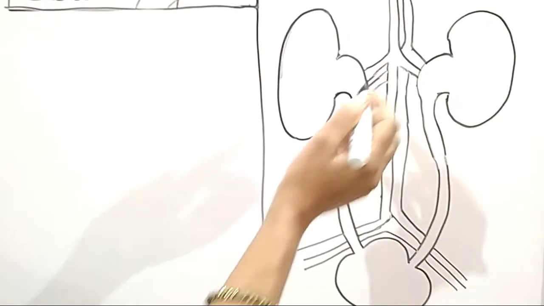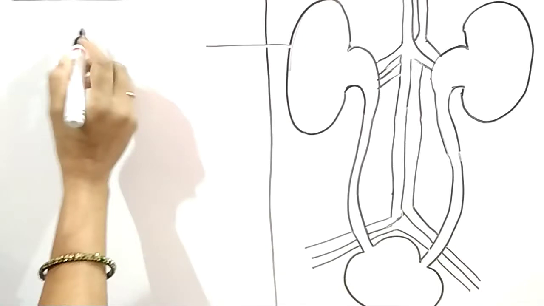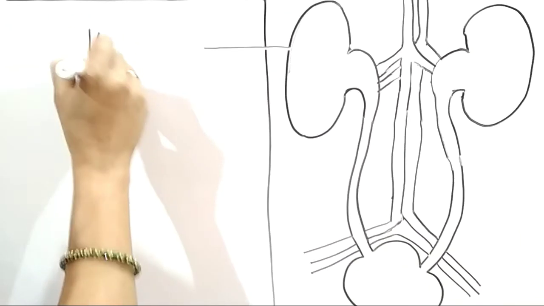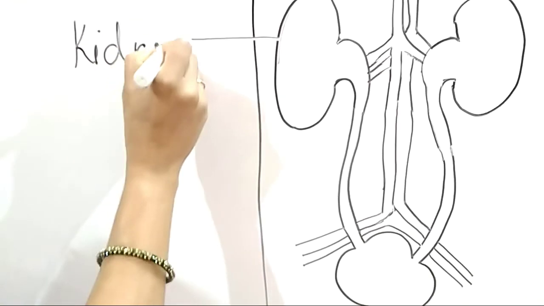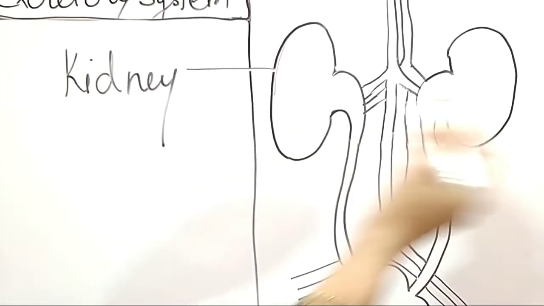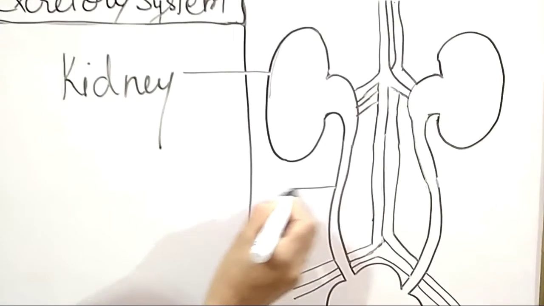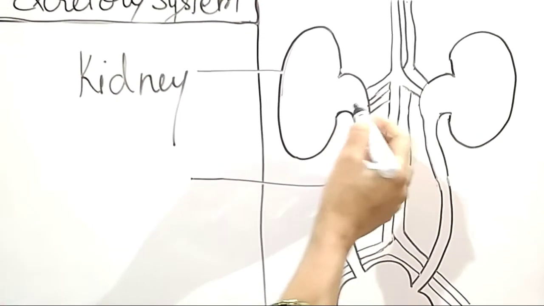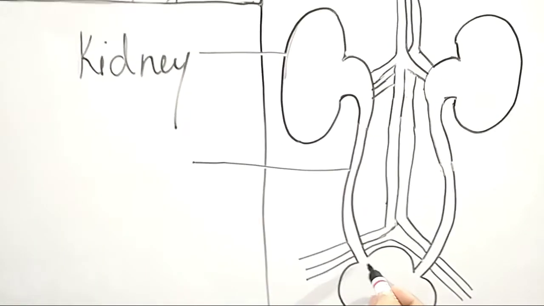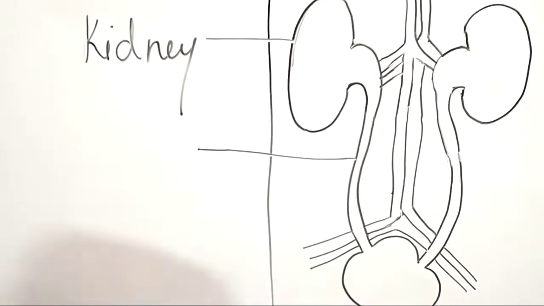Now we will label the diagram. This bean shaped organ is known as the kidney. These are the kidneys, and there are two of them. These tube-like structures, which you can see easily, are connected to the kidney from one side and from the other side they are connected with the urinary bladder.